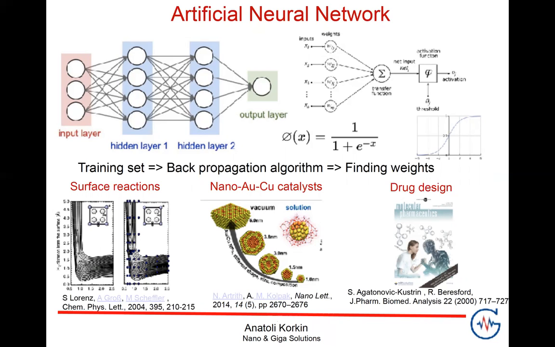Once you have used this training set, you then use it in order to predict the properties, and this is actually an iterative approach. Below are a few examples where the artificial neural network has been used. It was, for example, used in surface reactions, in search of new catalysts, and also a lot in drug design.